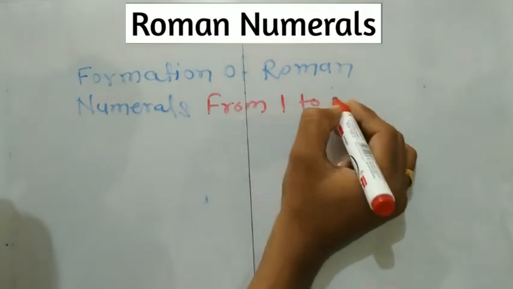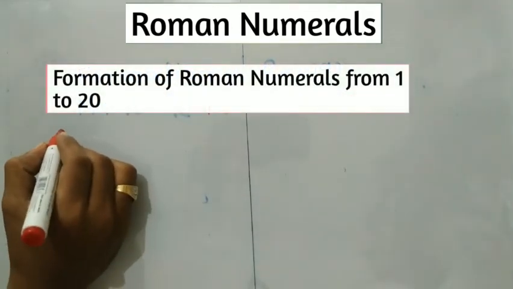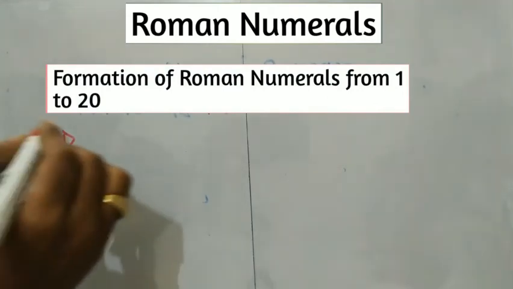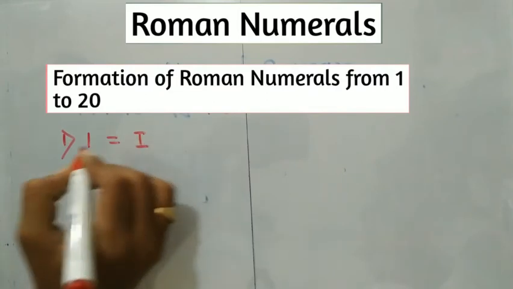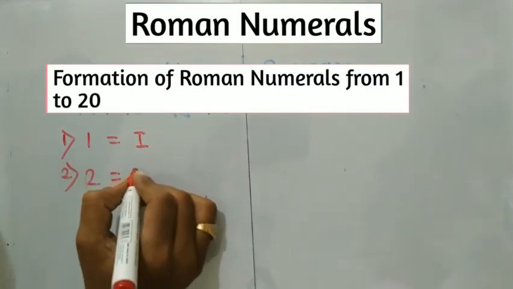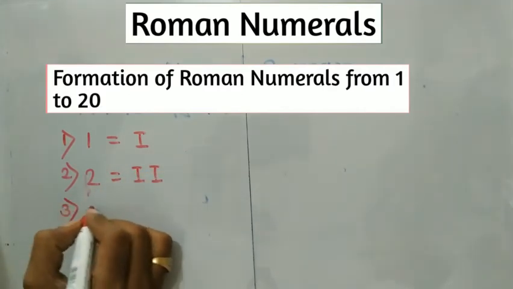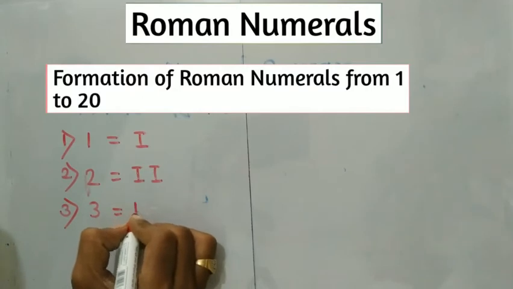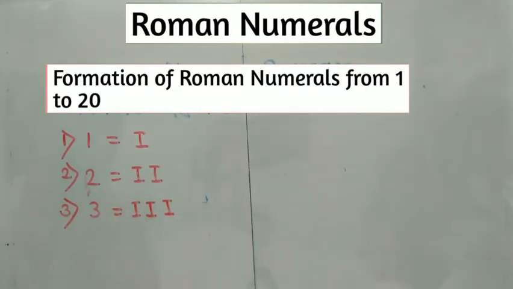So now, to form Roman numerals from 1 to 20, we will write from 1 to 20. To form the Roman numeral for 1, we will write a single I. If we write 2, then we will write a double I. If you want to write 3, we will write triple I as per rule number 1.